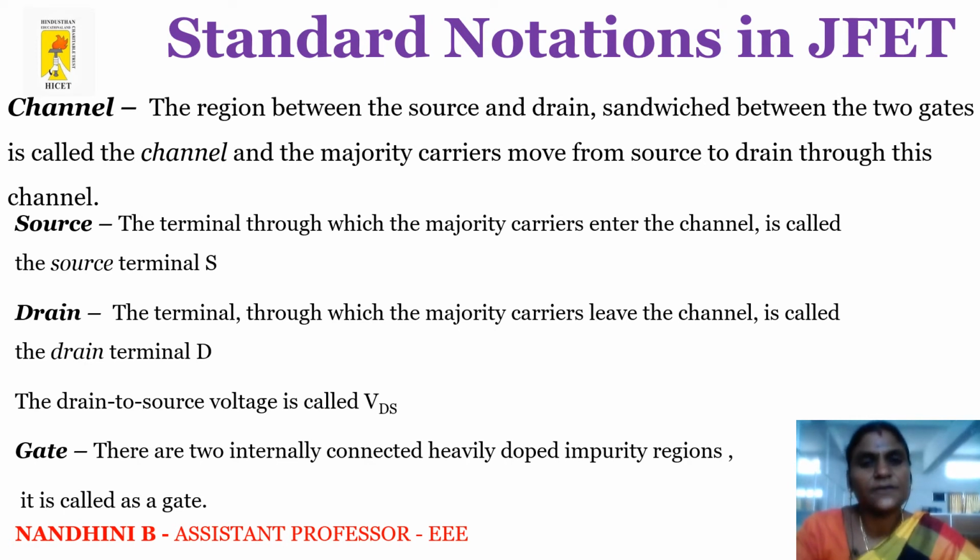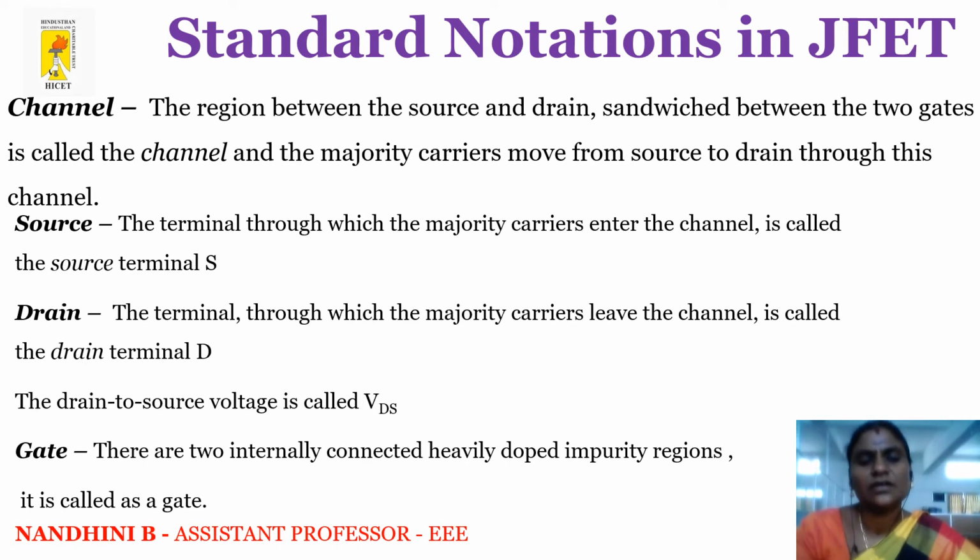Next is source. The terminal through which majority carriers enter the channel is called the source terminal, and it is denoted by the letter S. Next is drain. The terminal through which the majority carriers leave the channel is called the drain, and it is denoted by the letter D. The drain to source voltage is called VDS.